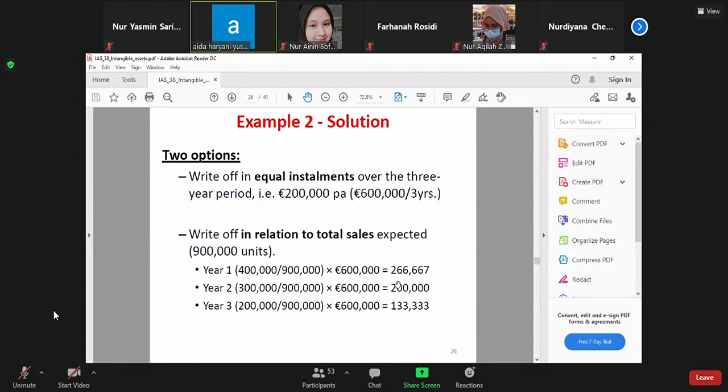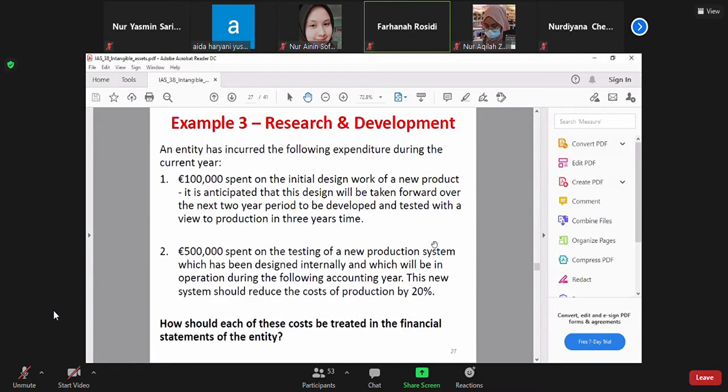This is where you need to amortize it by years. So if you look here, it is enough for 3 years. Okay, this is how to amortize the intangible asset, the research and development cost. So you understand? Yes. Do you understand? Okay. Then let us go with the next example.